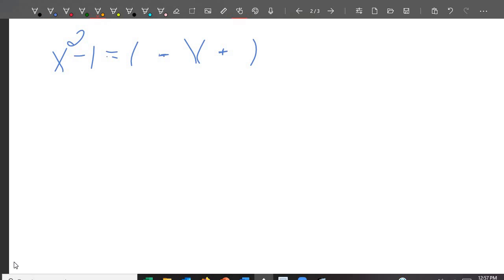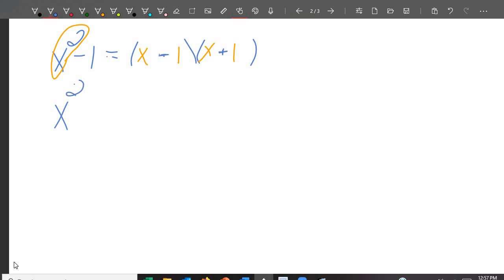Alright, since it's an x squared, I'm going to split that apart and put an x in both parentheses. Now for the 1, what number times itself equals 1? Well, the only thing that works is a 1, so we're going to put a 1 and a 1.